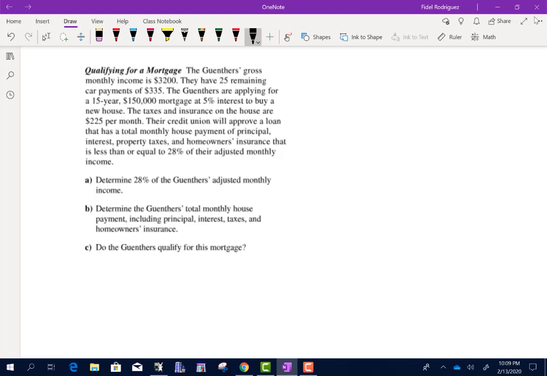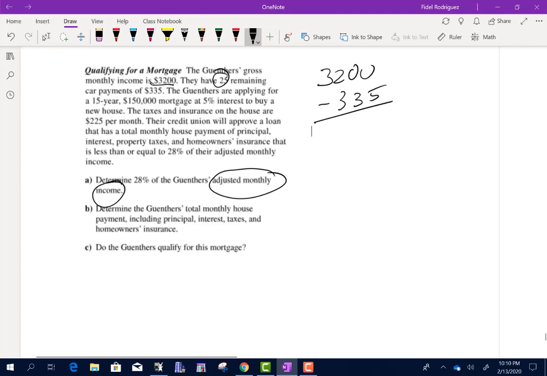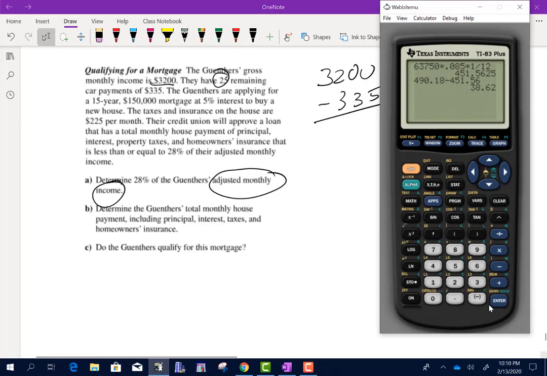Okay, it says determine 28% of their adjusted monthly income. So remember the adjusted monthly income. Their gross monthly income is $3,200. Because they have 10 or more payments, we have to subtract that amount. So we're going to subtract 335 because they still have quite a few payments on that.